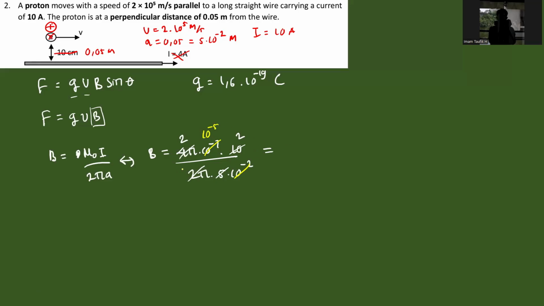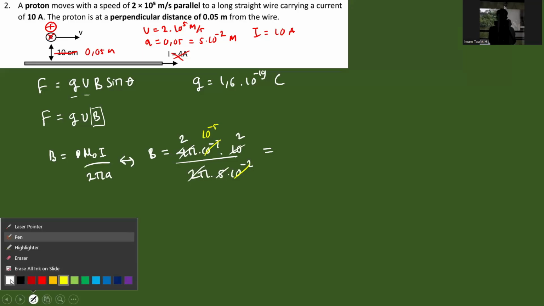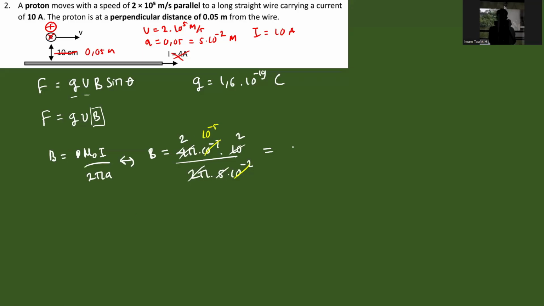So we have 2 times 2 is 4 times 10 power minus 5 Tesla. This is the magnetic field acting on the proton. So we can just input the numbers into the F formula.